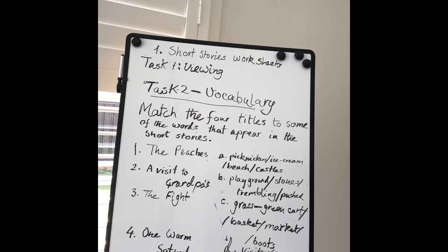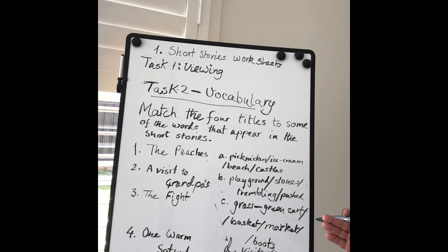Okay, then if you move to task 2, which is vocabulary. So the instruction is match the 4 titles. If you look on your left hand side of task 2, you see 4 titles, 1, 2, 3, 4.